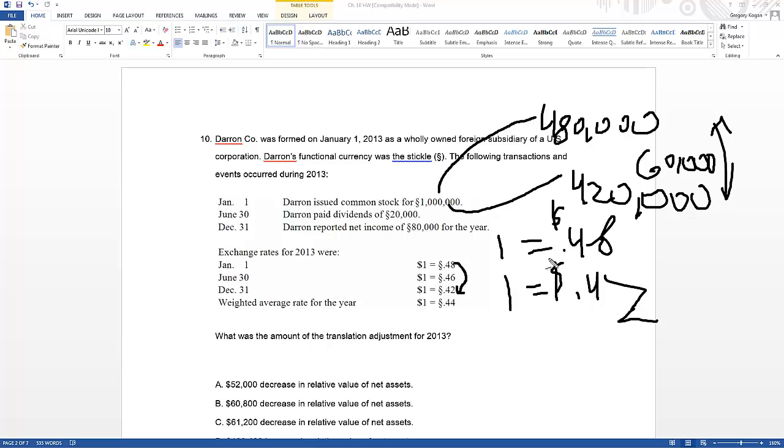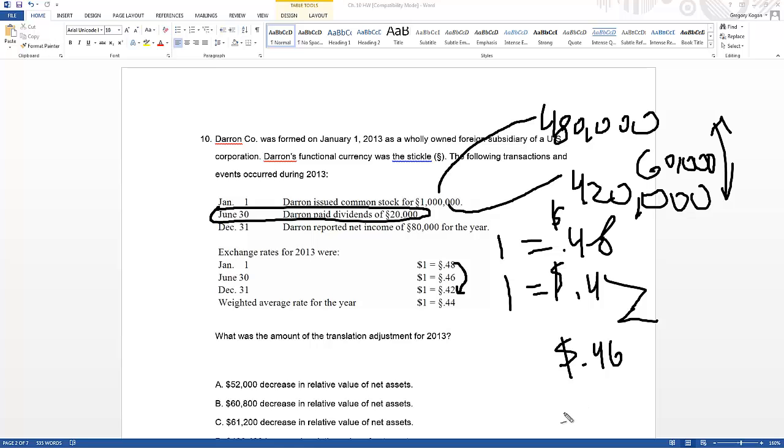A total impact of $60,000. The other piece of this was related to the dividend. This dividend we talked about was paid out on June 30th in stickles. On June 30th, we're translating every stickle at 46 cents, so for every stickle we paid out, we paid 46 cents.